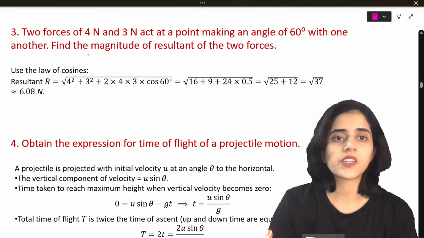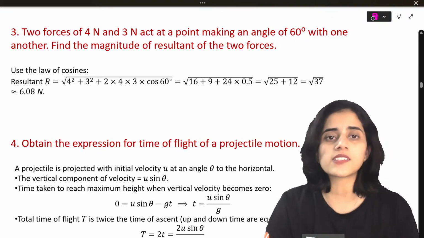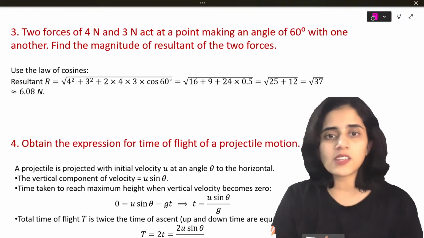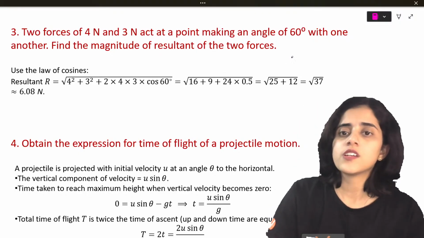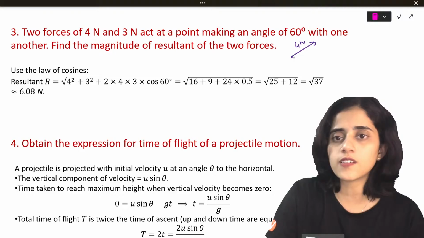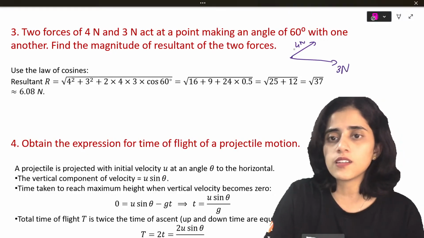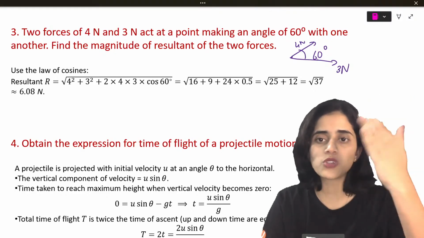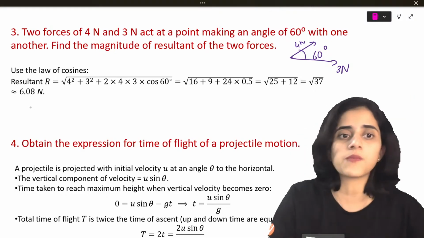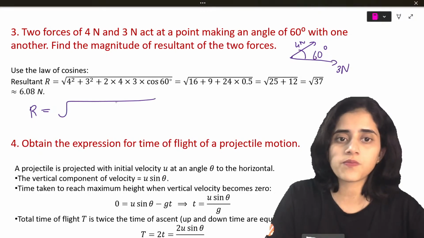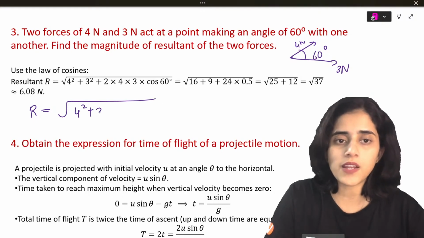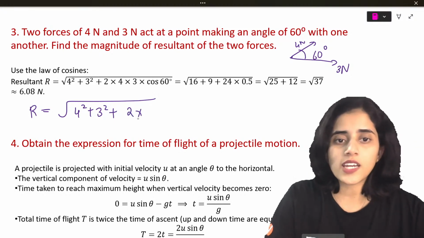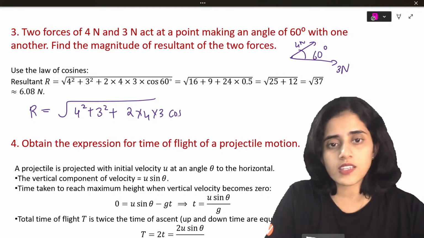Alright, next question. Two forces of 4 newtons and 3 newtons act at a point making an angle of 60 degrees with one another. Find the magnitude of the resultant force. So here, this is 4 newton. This is 3 newton and they make an angle of 60 degree. So resultant is what? 4 square plus 3 square plus 2 times 4 times 3 cos 60.